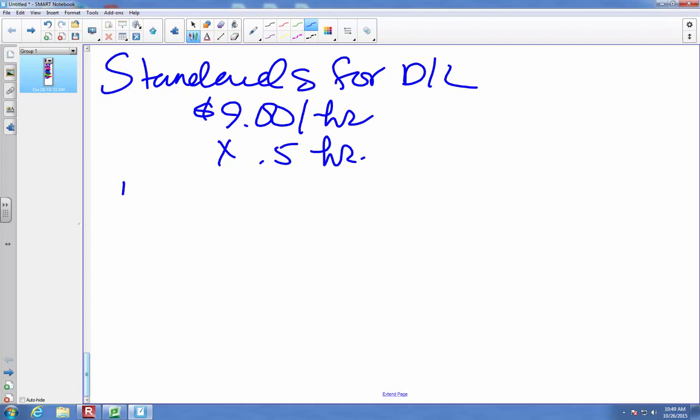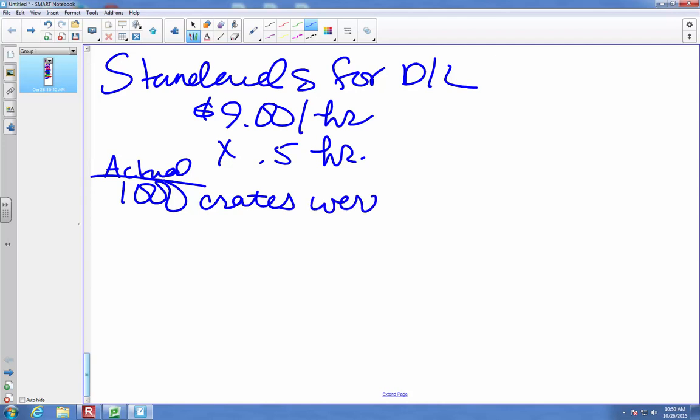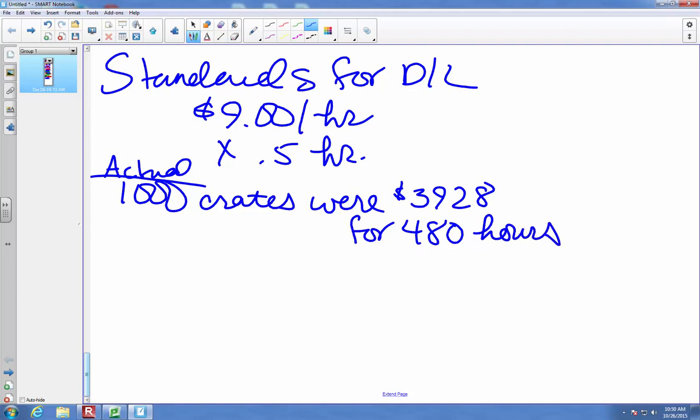And for those 1,000 crates, so that's the standard, my actual labor costs were $3,928 for 480 hours.